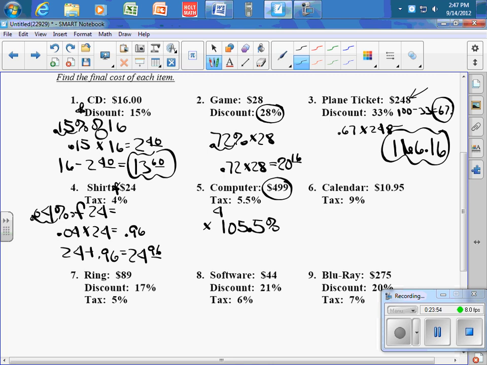Take that times your $4.99, move the decimal point twice to the left, and take $4.99 times 1.055, and we get $526.445. But since we have to round this off to the nearest penny, it would be $526.45.